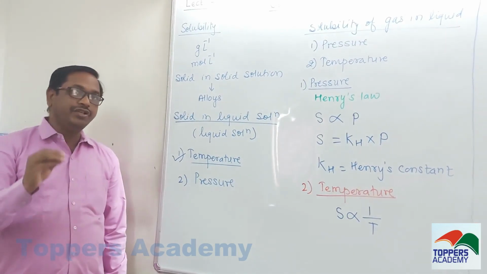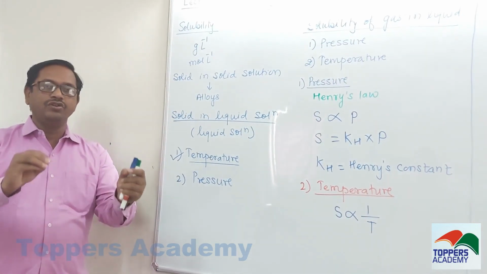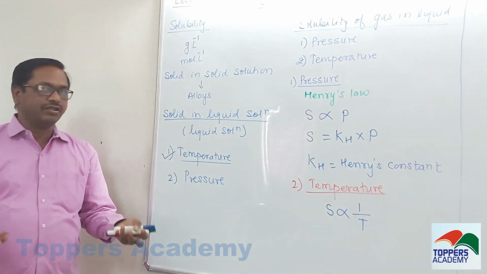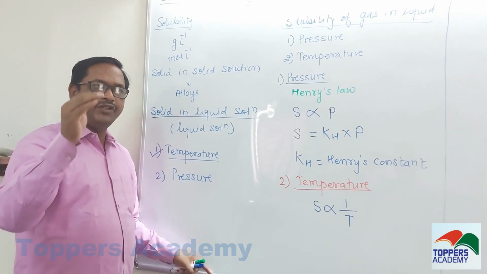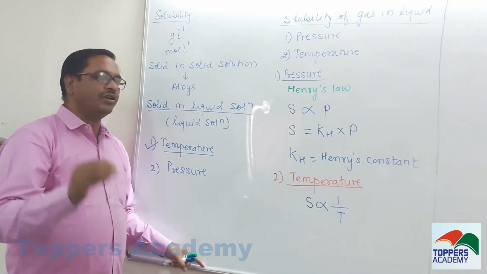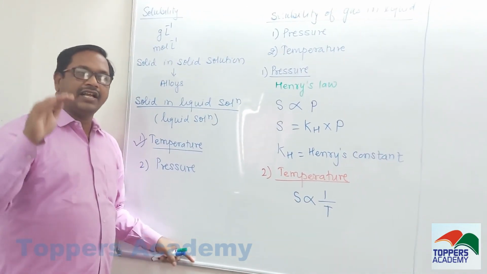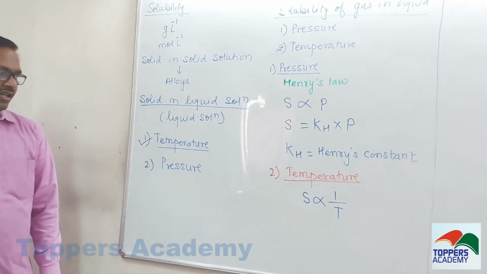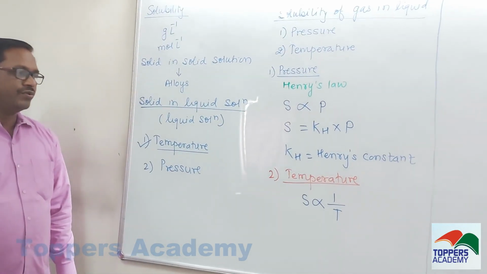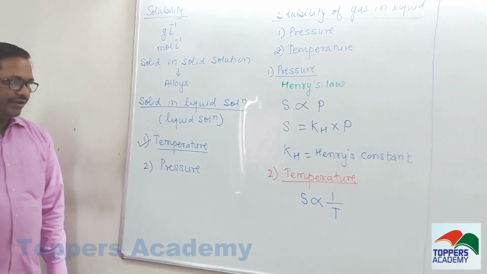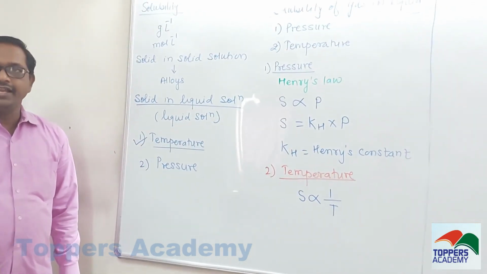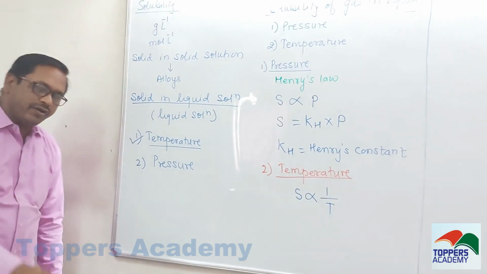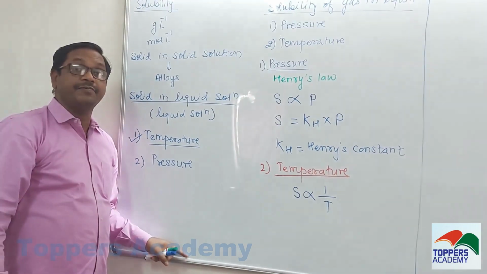Therefore, due to the increase in temperature, solubility of oxygen in the water goes on decreasing. Therefore, the level of oxygen in the sea water at the surface or at the upper level goes on decreasing. Due to which what happens here?